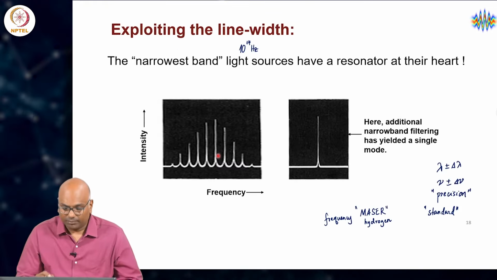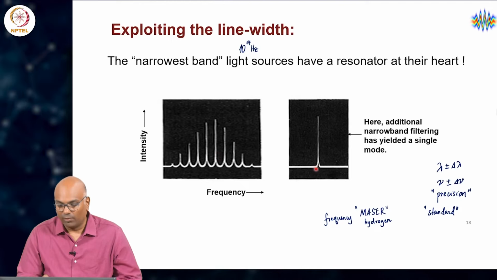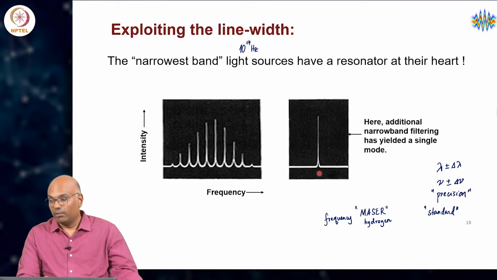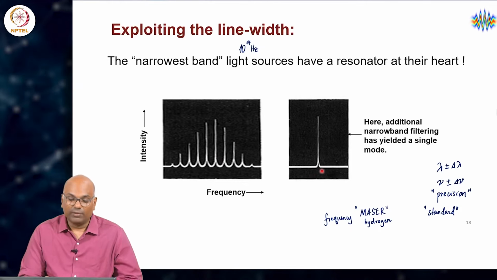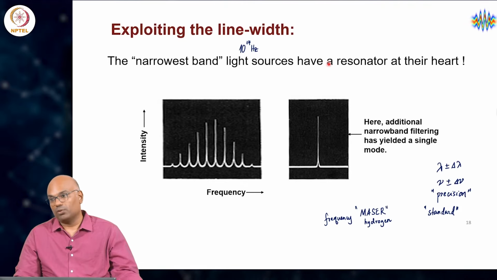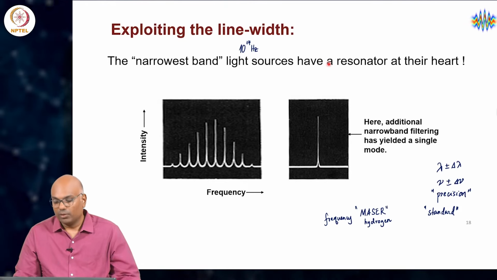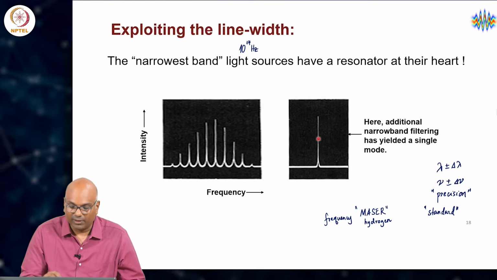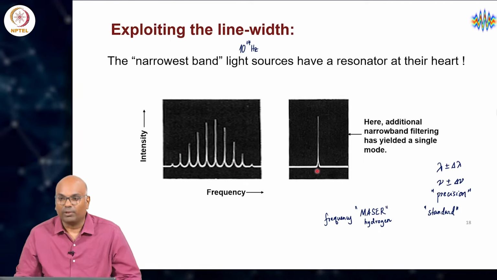So, that is precisely what we are working ourselves towards when we think about line widths and free spectral ranges and so on and so forth. Okay. So, how do we go from the frequency spectrum on the left here to the single mode spectrum on the right?